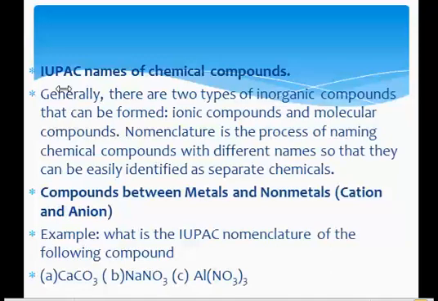They have devised a method of naming both organic and inorganic compounds. Now let's read this. Generally, there are two types of inorganic compound that can be formed: ionic compounds and molecular compounds. Nomenclature is a process of naming chemical compounds with different names so that they can be easily identified as separate chemicals.